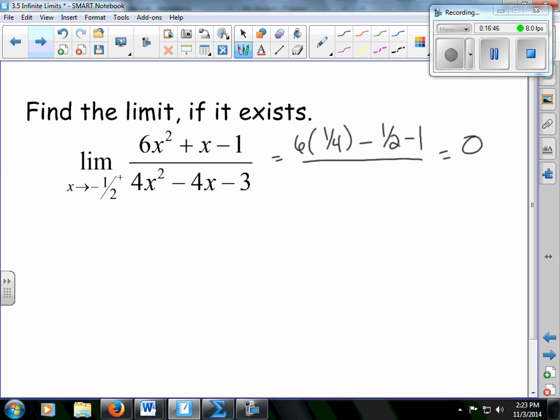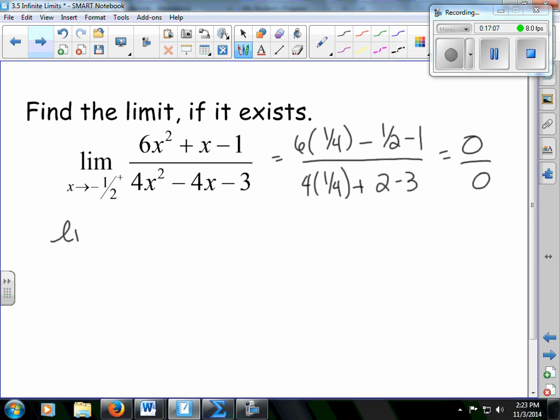And in the denominator, I get 4 times 1/4 minus 4 times negative 1/2, so that would be plus 2, minus 3, which is 1 plus 2 minus 3, this is 0. I got 0 over 0.